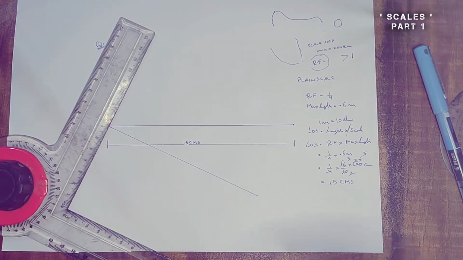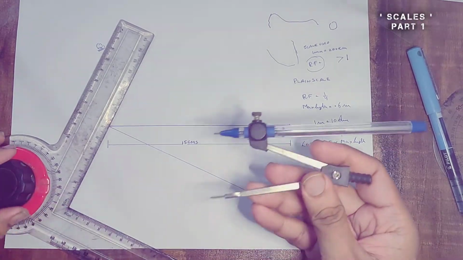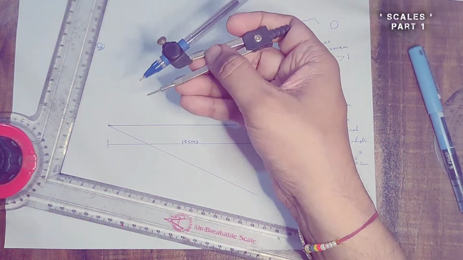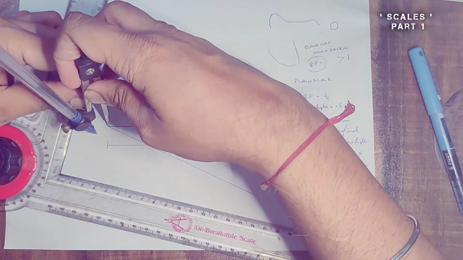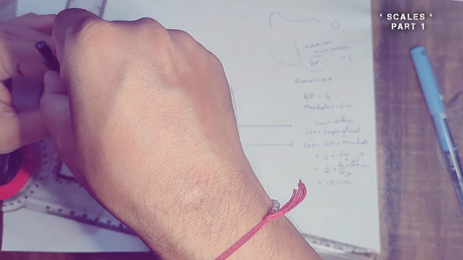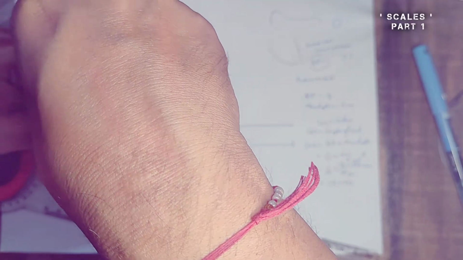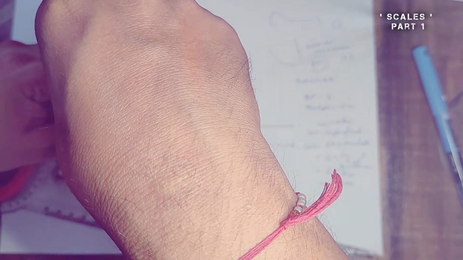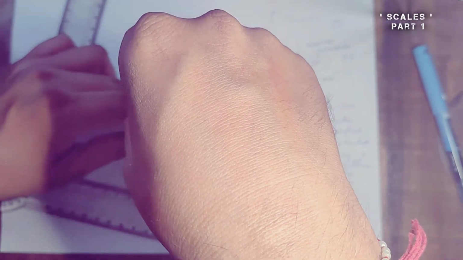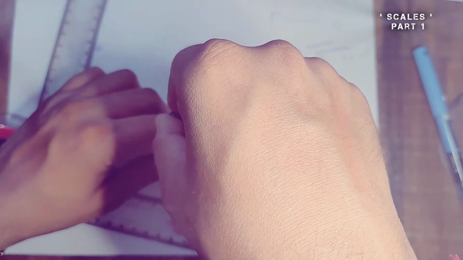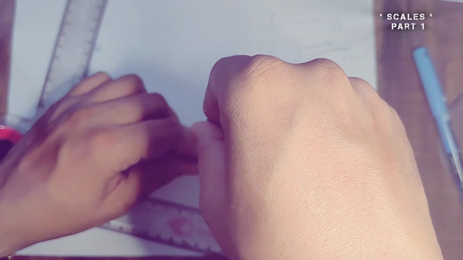Mark 6 equal divisions with this compass, of any dimension: 1, 2, 3, 4, 5 and 6.